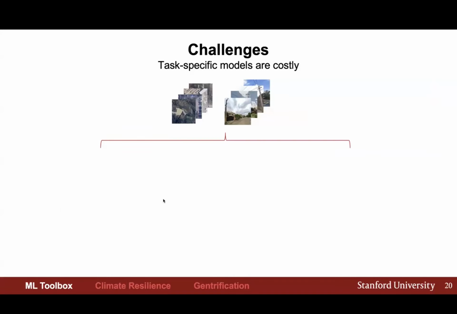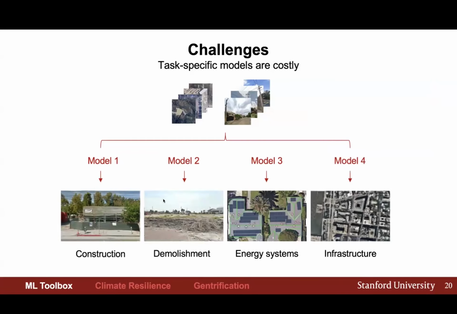Okay, so the third challenge, once we have these building level and neighborhood level predictions, is that we need to train separate models for separate tasks. We have one model for construction, one model for demolishment, another one detecting solar PV panels, another one finding power poles, et cetera.